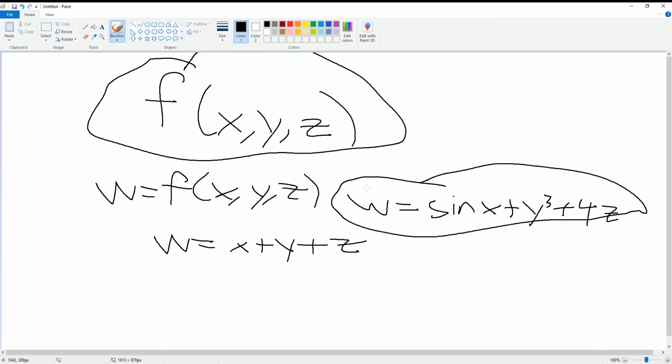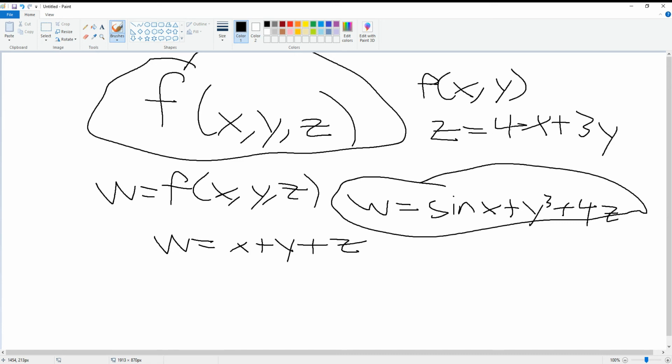For example, if we wanted to form a function f of x, y, where let's say we had some function z equals 4x plus 3y, this would form a plane in the third dimension, and we can calculate the volume under this surface if we give it definite endpoints, like 0 and 5. But for the purposes of today, I'm focusing purely on indefinite integration, so none of this.